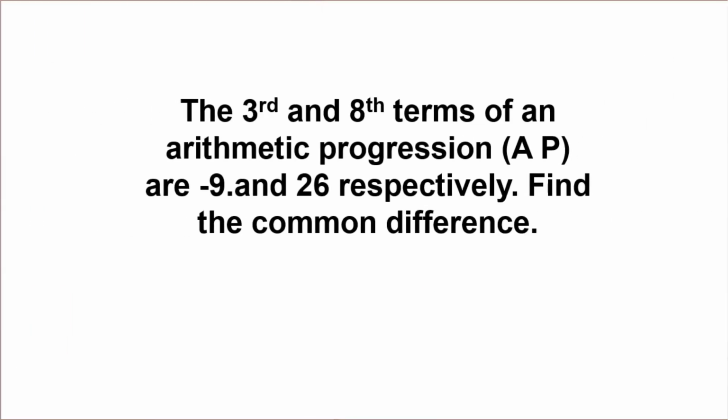Let us look at this question. The third and eighth term of an AP, arithmetic progression, are minus 9 and 26 respectively. Find the common difference. They are interested in the common difference here. Okay.